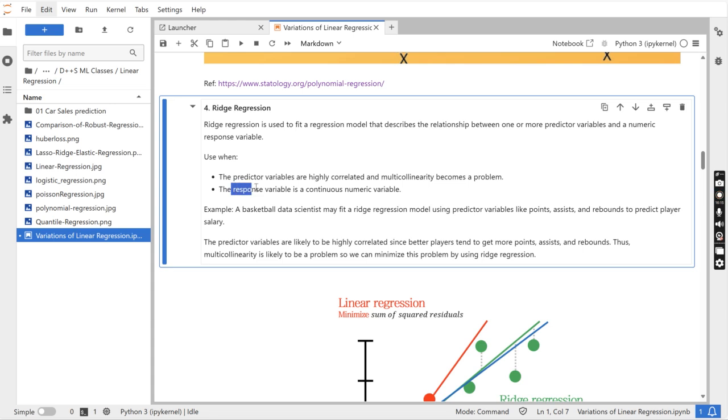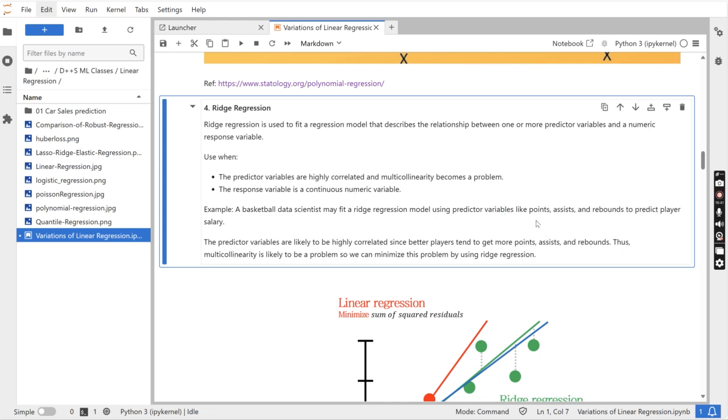And for the target variable, you can use ridge regression when it's a numeric value. An example is also given. If a basketball data scientist wants to fit a ridge regression model to predict various variables like points, assists, rebounds, etc., then they make use of ridge regression. Why?